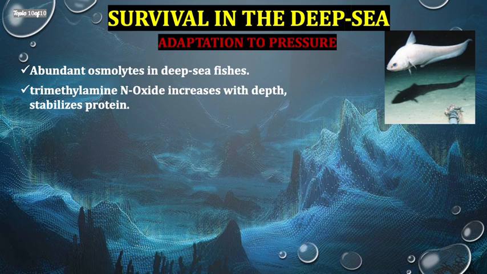Okay, so scientists found out that as fishes go deeper, the trimethylamine nitrogen oxide in them also increases, and the high trimethylamine nitrogen oxide replaces the other osmolytes in the body of the fishes. So what exactly is trimethylamine nitrogen oxide?